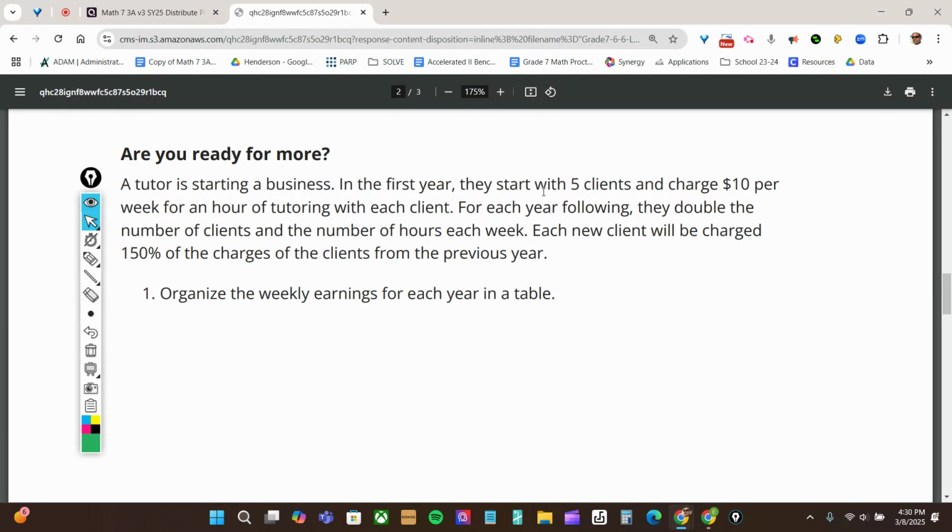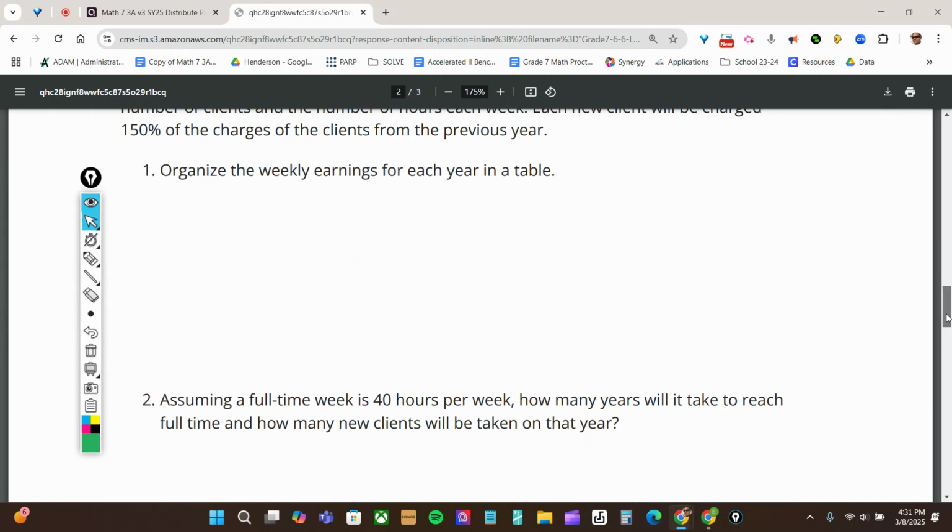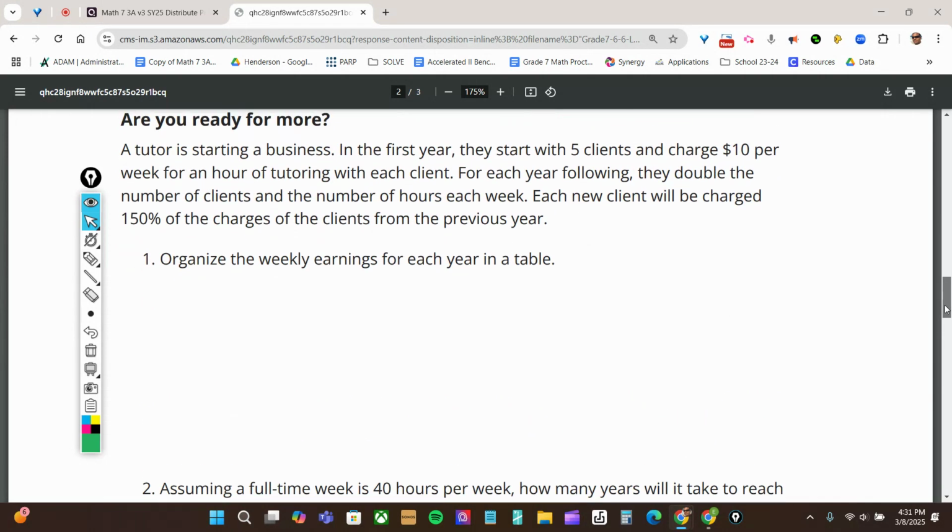For each following year, they double the number of clients and the number of hours each week. Each new client will be charged 150% of the charge of the new client from the previous year. Organize this into a table.